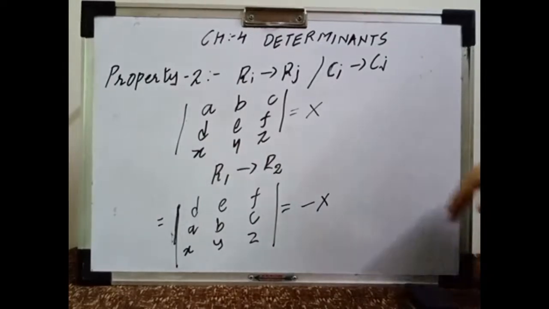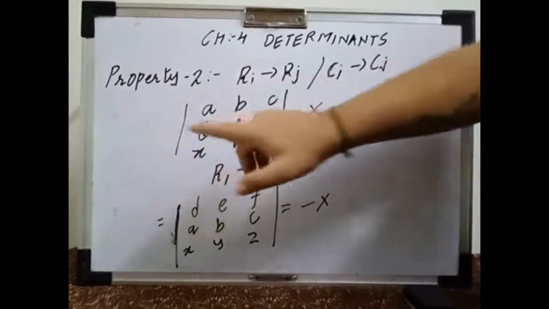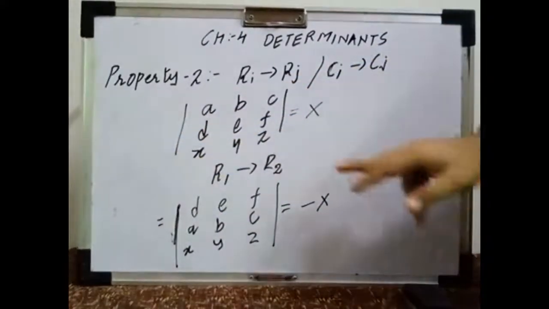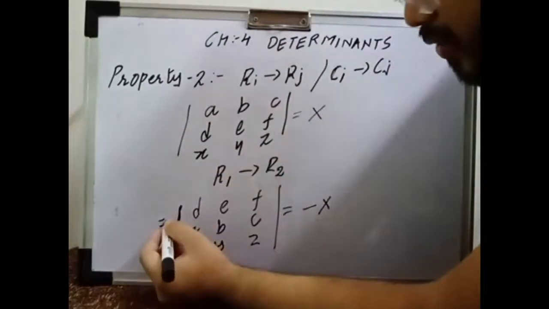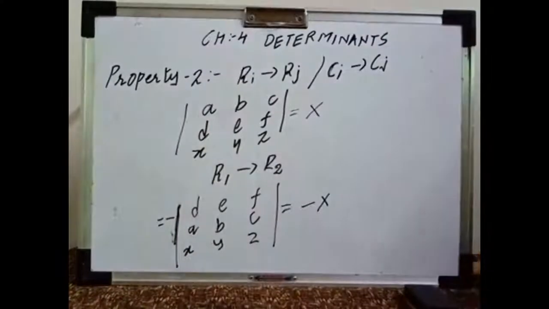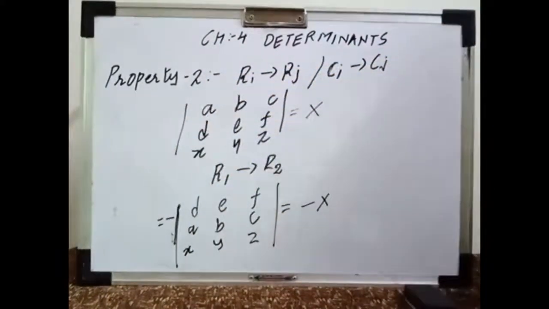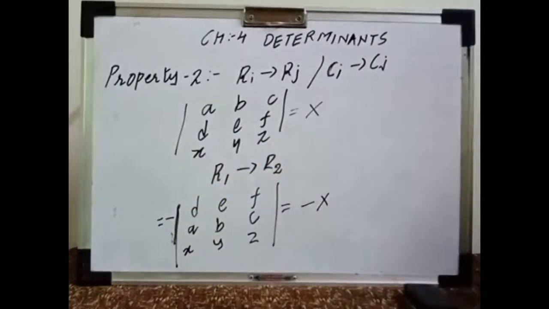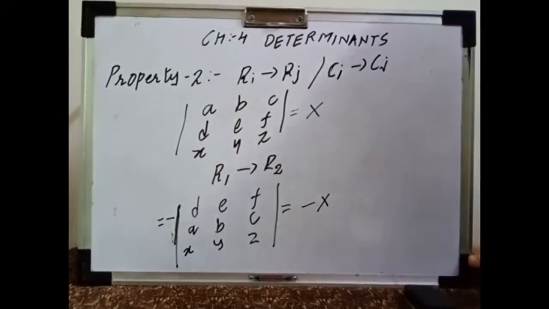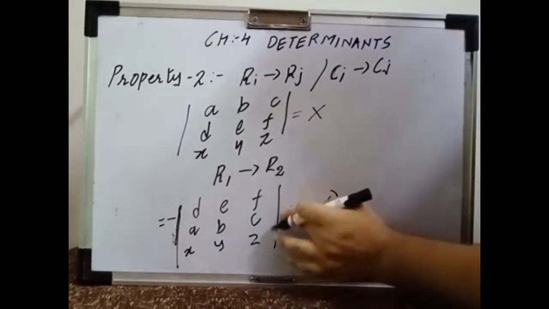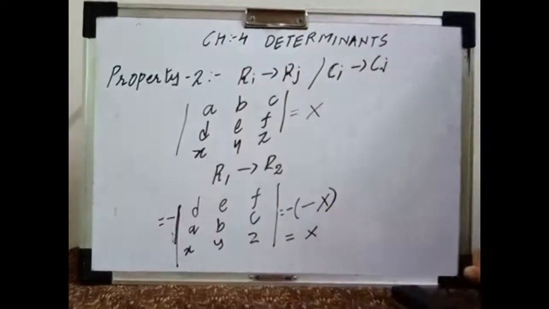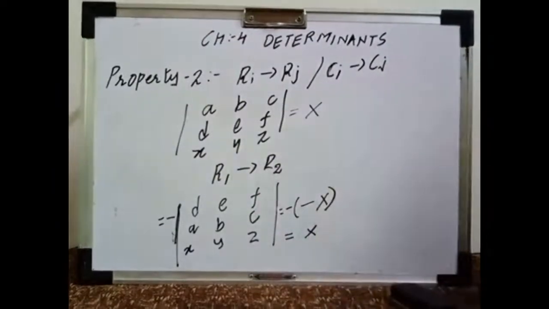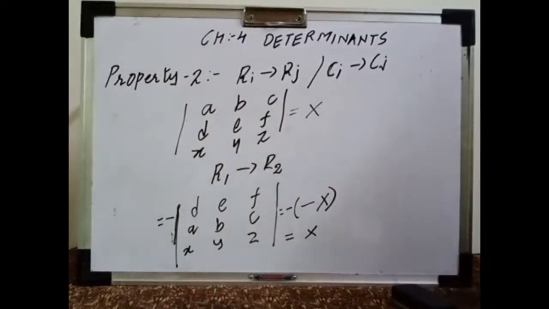For example, you can see that the sign of this determinant is plus. So after applying this property, we will change the sign of this determinant to minus. If it was minus over here, then after applying this property we'll make it plus. By doing so, our answer will not get changed or altered, right?